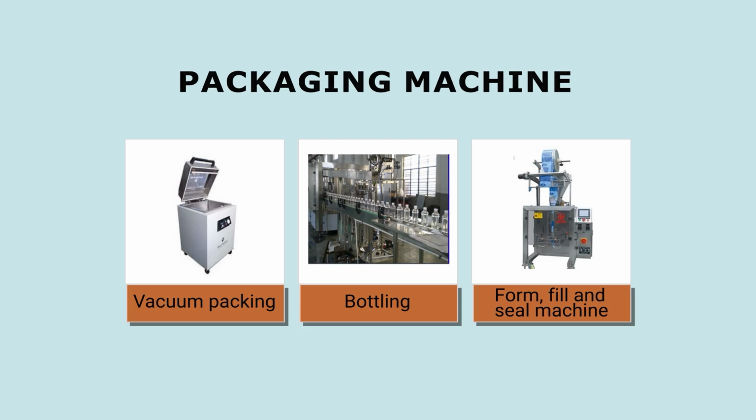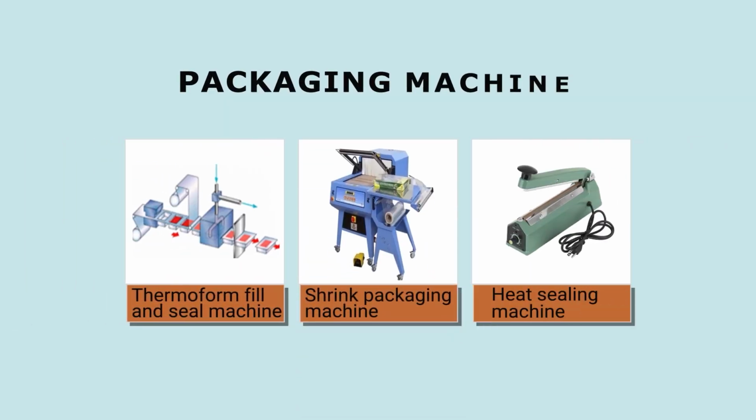The topmost level you can see the roll stock which will form the package, and at the same time the product will be filled and sealed. And next you can see the thermoform, fill and seal machine where the thermoform trays or webs are formed, at the same time it is filled and sealed. So then you can see shrink packaging machines where the primary package is wrapped with the shrink film, and then you can see different types of sealing machine, heat sealing machines.